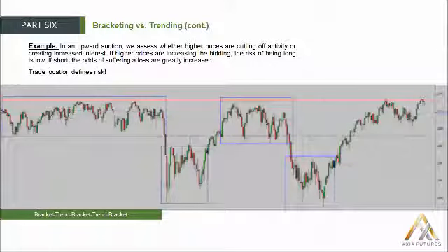In other words, what do I mean by that? If we are looking for buy-side trades in that first box, for instance, in the first bracketing, towards the high, momentum trades, we're taking on a lot more risk. Equally, if we're looking for sell-side trades towards the bottom of it, we are taking on high risk.